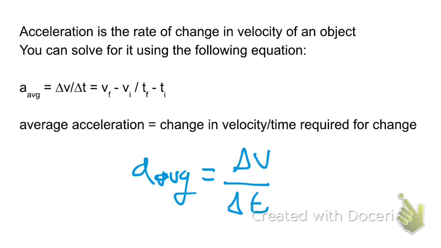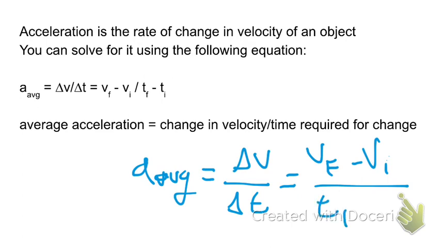And if you want to write that out even further, you can say velocity final minus velocity initial over time final minus time initial. I would say they are more likely to give you initial and final velocities, and usually they'll just give you the change in time. But in case they don't, you can write it like this to solve for the change in time.